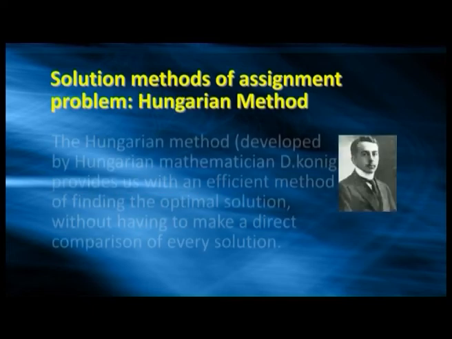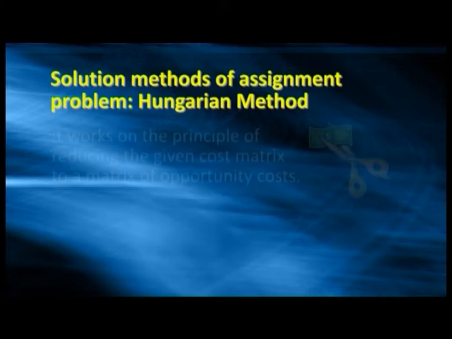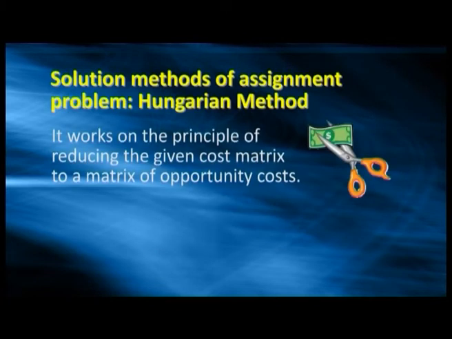Hungarian method. The Hungarian method of assignment, developed by Hungarian mathematician Dr. Koenig, provides us with an efficient method of finding the optimal solution without having to make a direct comparison of every solution. It works on the principle of reducing the given cost matrix to a matrix of opportunity cost.